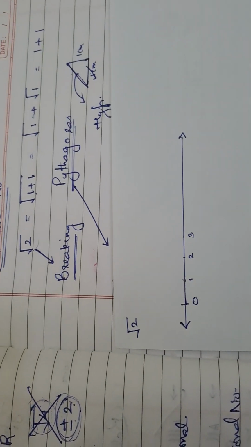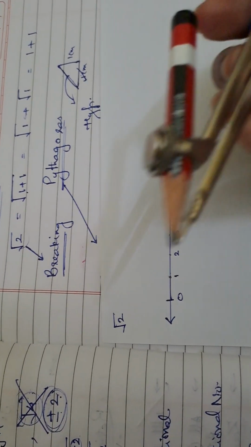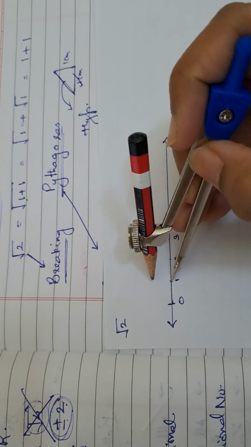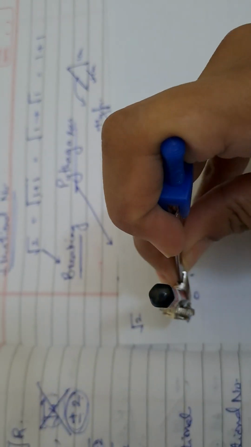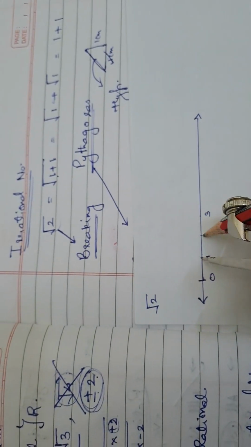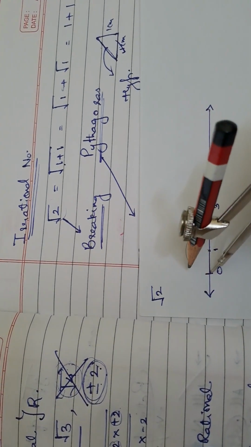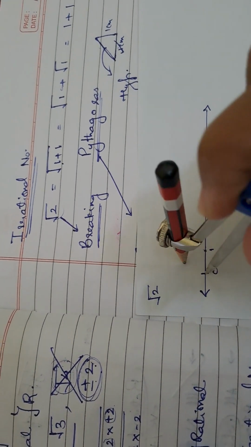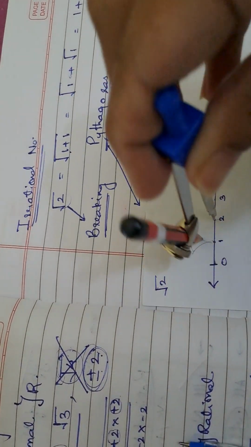If children are very quick, they can use this to mark a 90-degree angle, isn't it? How do you mark the 90-degree angle? From here, measure 1 centimeter, from here, measure 1 centimeter, and draw an arc from here and another arc from here.